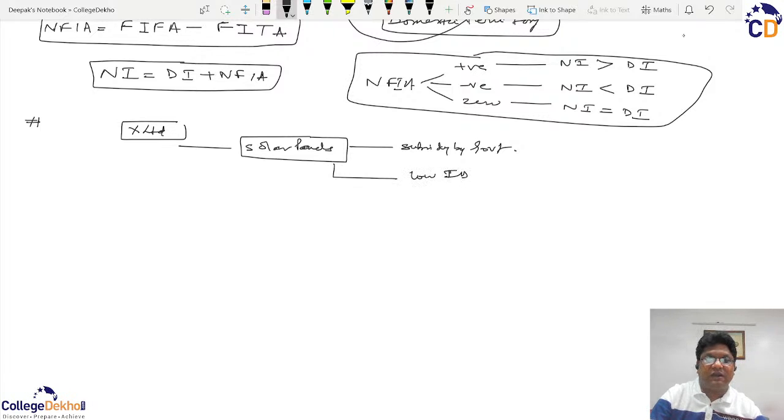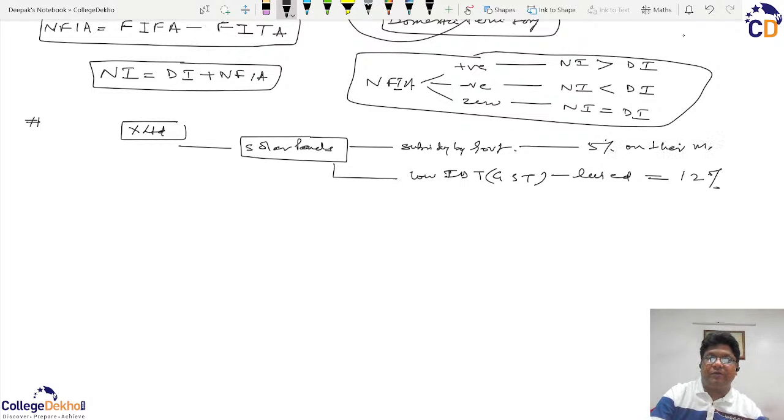So if we take an example where the low GST rate is say 12%, and they are provided a subsidy of 5% on their MRP.